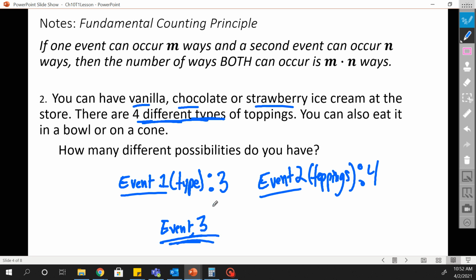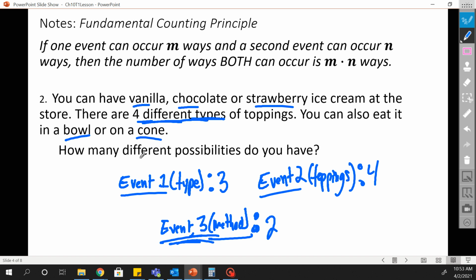You can also eat it in a bowl or on a cone. So that would be the method of delivery. We'll call it the method. For the method, how you're going to eat it, you have either a bowl or a cone. So you have two options.